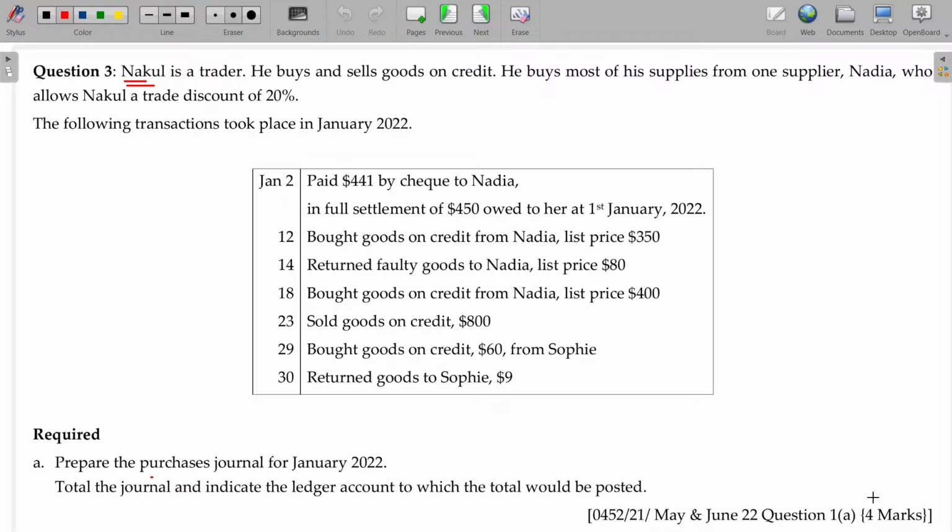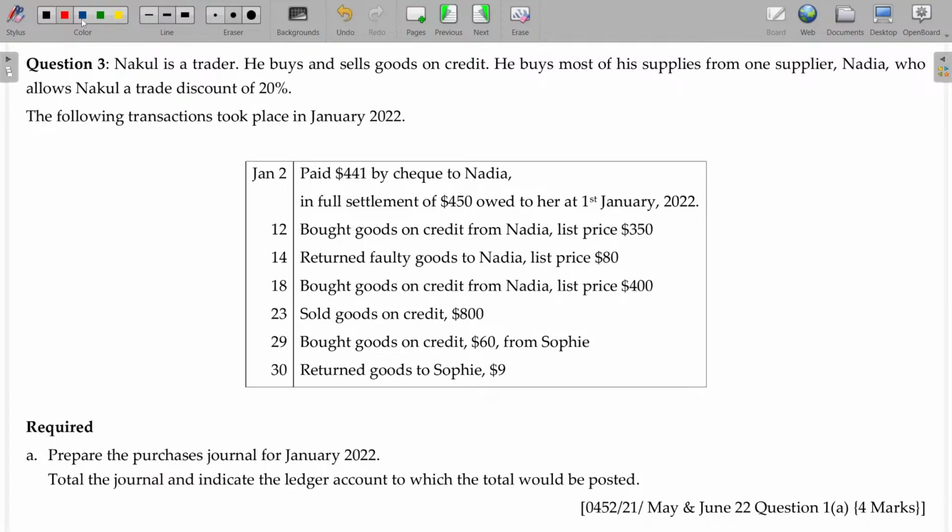Nakul is a trader. He buys and sells goods on credit. He buys most of his supplies from one supplier, Nadia, who allows Nakul a trade discount of 20%. Whenever there is a trade discount, that should always be removed.